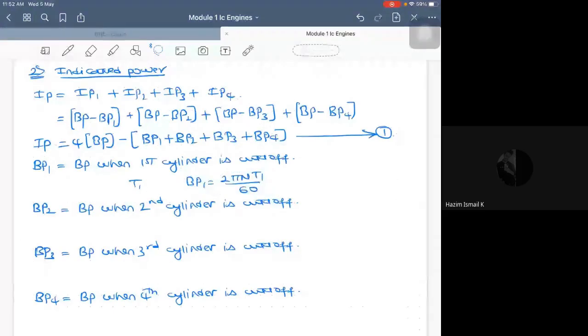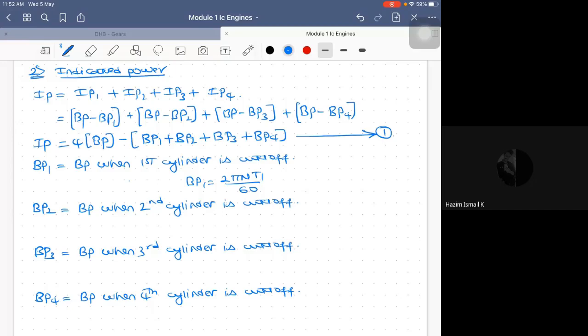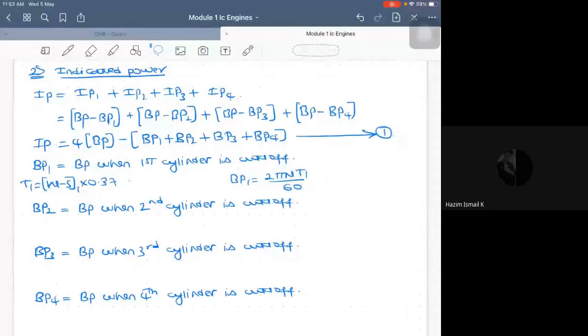Very good. So T1 is nothing but W minus S of 1 into 0.37, that is capital D plus small d divided by, I'll directly write it as 0.37. Just substitute the value, guys, and give me the value of T1 and similarly BP1. 11.93 kilowatt.